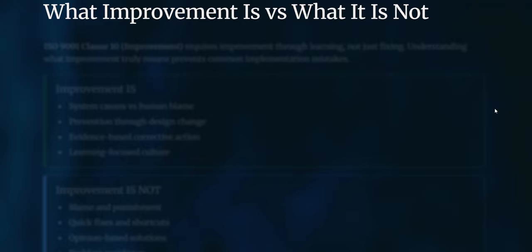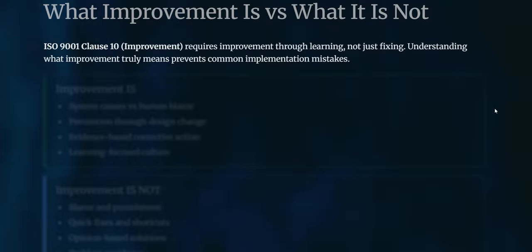What improvement is and what improvement is not. Let's clarify this before we proceed to avoid any pitfalls. ISO 9001, Clause 10, improvement requires improvement through learning, not just fixing. Understanding what improvement truly means prevents common implementation mistakes.